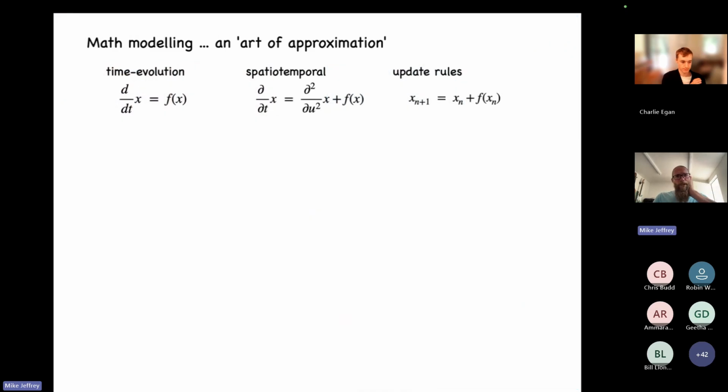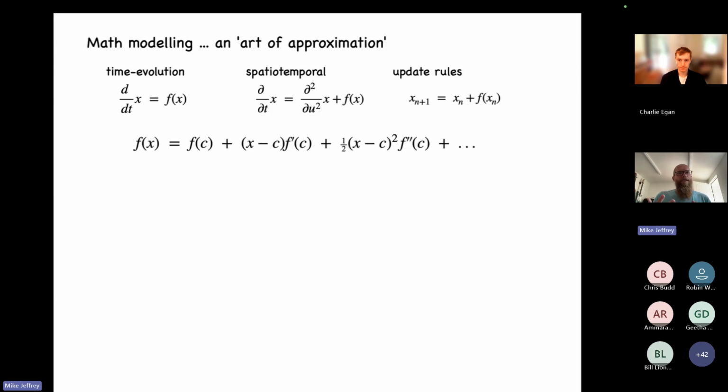The kind of mathematical modeling I'm involved in is an art of approximation, of finding differential equation models of different kinds, like the ones at the top here: ODEs, PDEs, difference equations, which describe the evolution of systems in different ways. You can think of the mathematical modeling problem as an art of approximation.